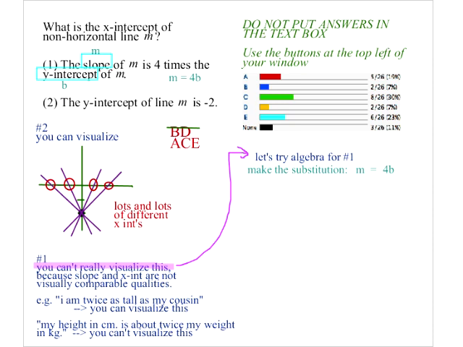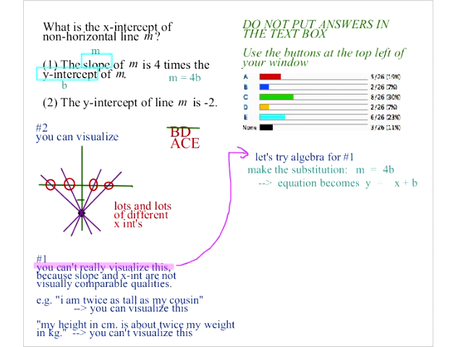Yeah, you plug in for m, so the equation becomes... Someone wrote mx plus 4b. That's not correct because you can't take out b and replace it with 4b. You have to take m out and replace m with 4b. So let me do that in color, because there's a couple of incorrect substitutions on there.